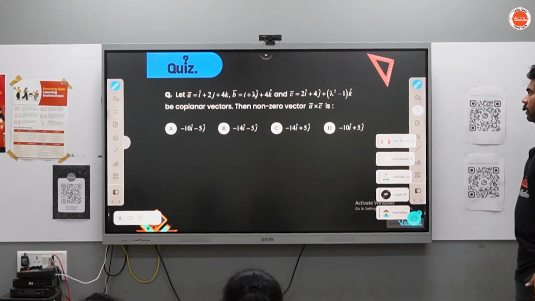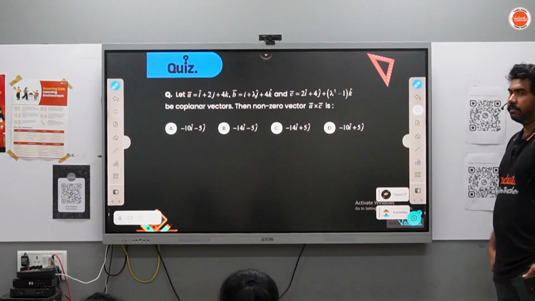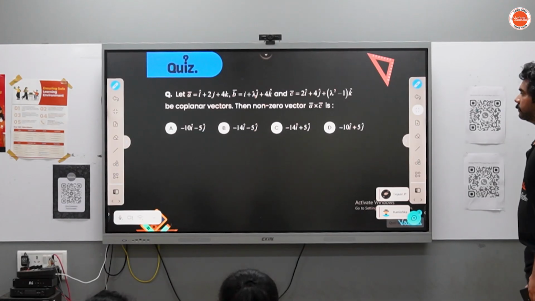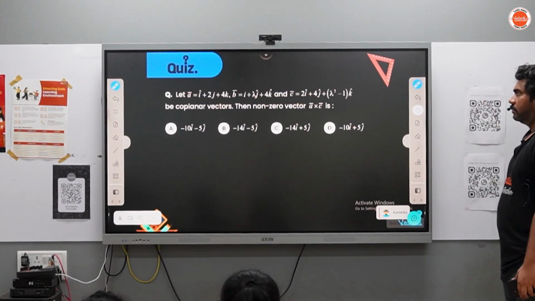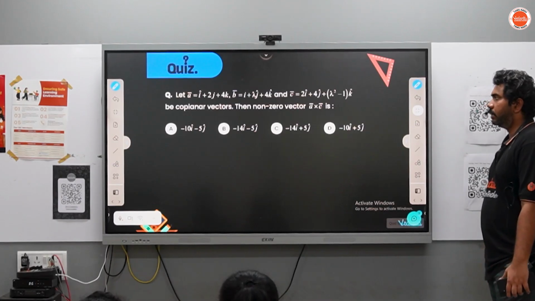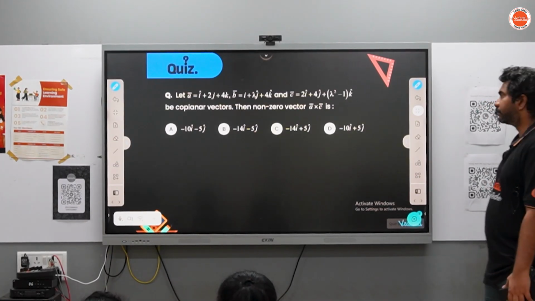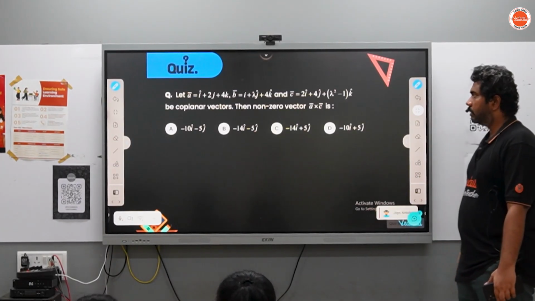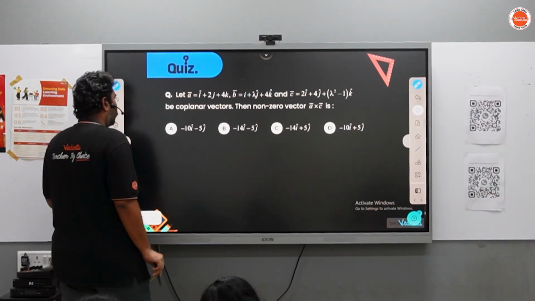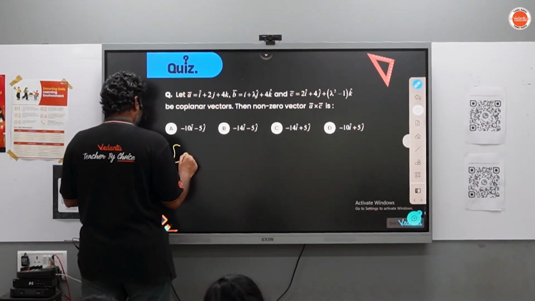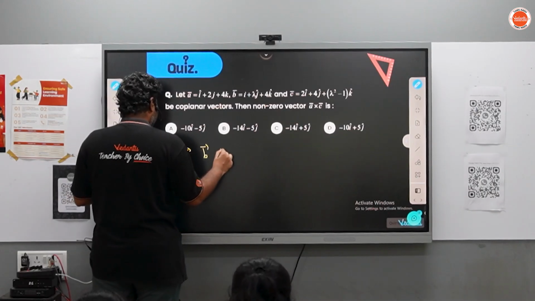So use the coplanarity conditions. Given that A, B, C are coplanar, so what is the non-zero vector? That means you may get a 0 vector. So then the non-zero vector A cross C is. So coplanar is given, so the box product of A, B, C is 0.